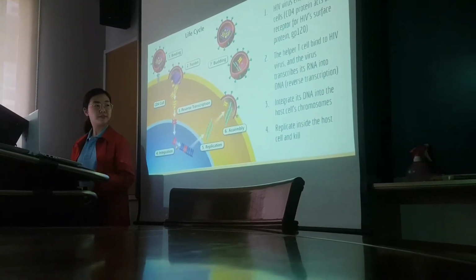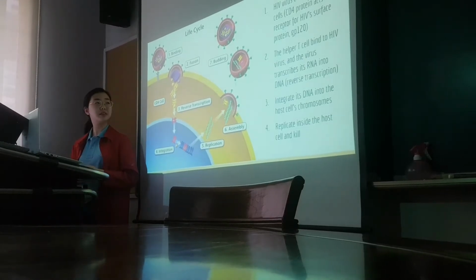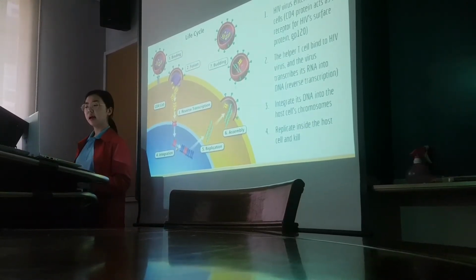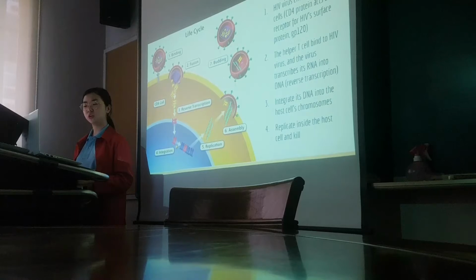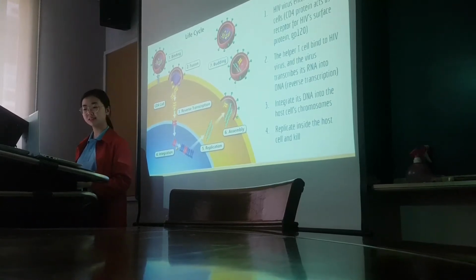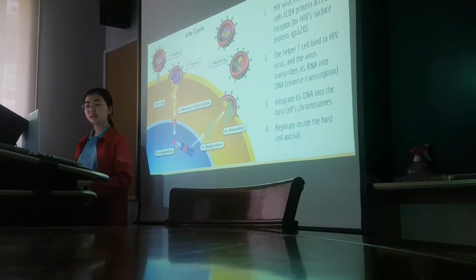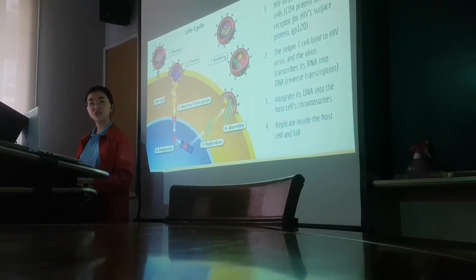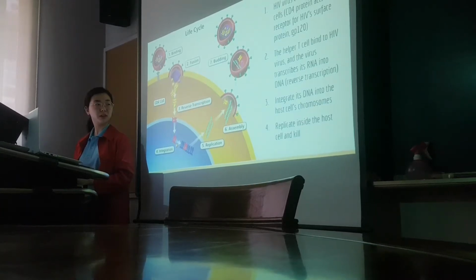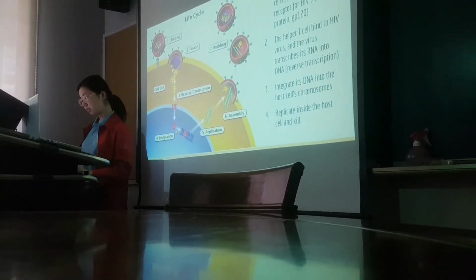So when this happens, a large number of helper T cells are annihilated, and this doesn't allow the proper functioning of either B cells or cytotoxic T cells. This results in the immune system becoming defunct. As a result, the AIDS patient falls victim to infection and cancer that the immune system could normally easily take care of.